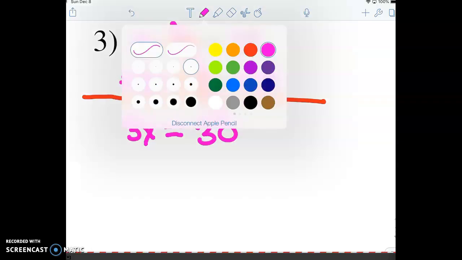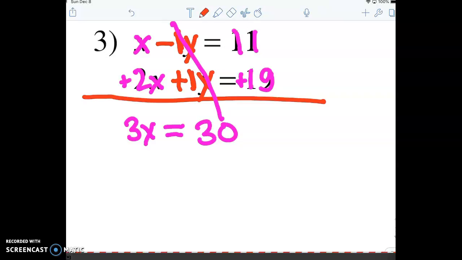I need the x alone. Necesito la x sola. Quiere que divide. I want to divide by 3. The reason is because the 3 is technically multiplying. This cancels. Porque la 3 fui multiplicar divide.